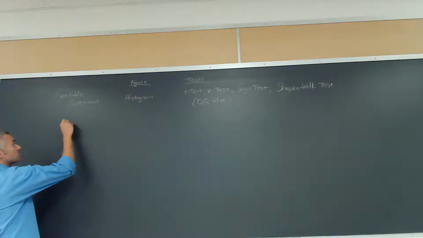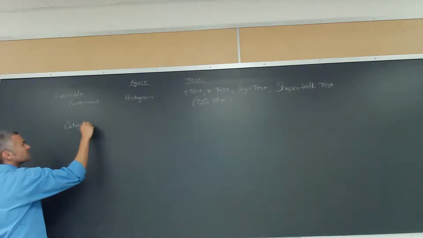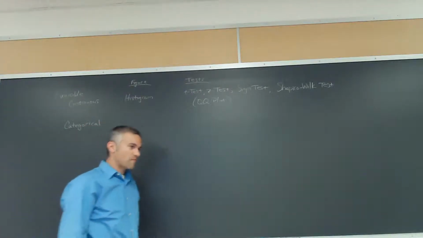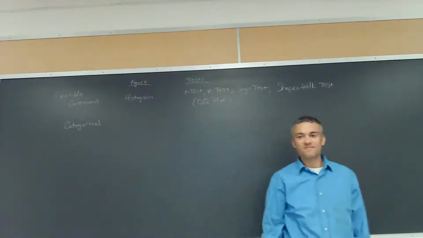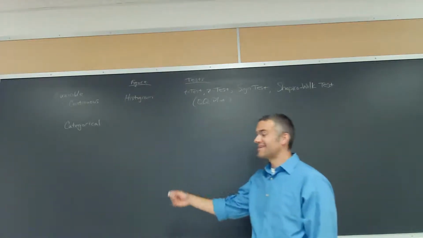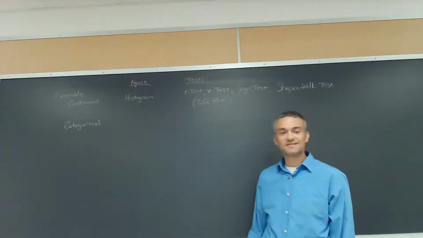We also introduced one categorical variable. So what's an example of a categorical variable? Color, right? Sure, color. All right, what type of figure could we make?